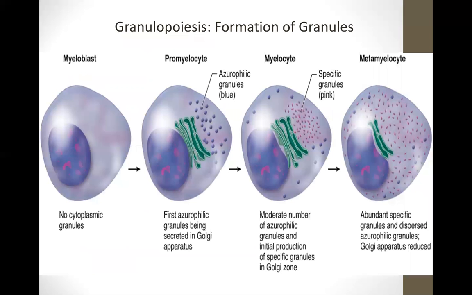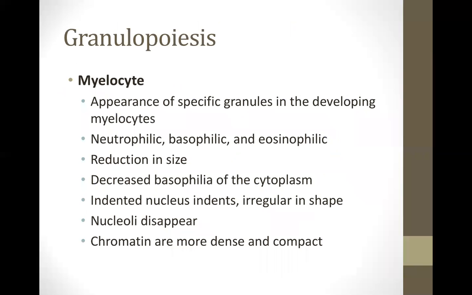Okay, look. This is the myeloblast, no cytoplasmic granules, but as this myeloblast progresses or matures, the presence of azurophilic granules will be seen in promyelocyte. This is being secreted in the Golgi apparatus. Next, myelocyte.